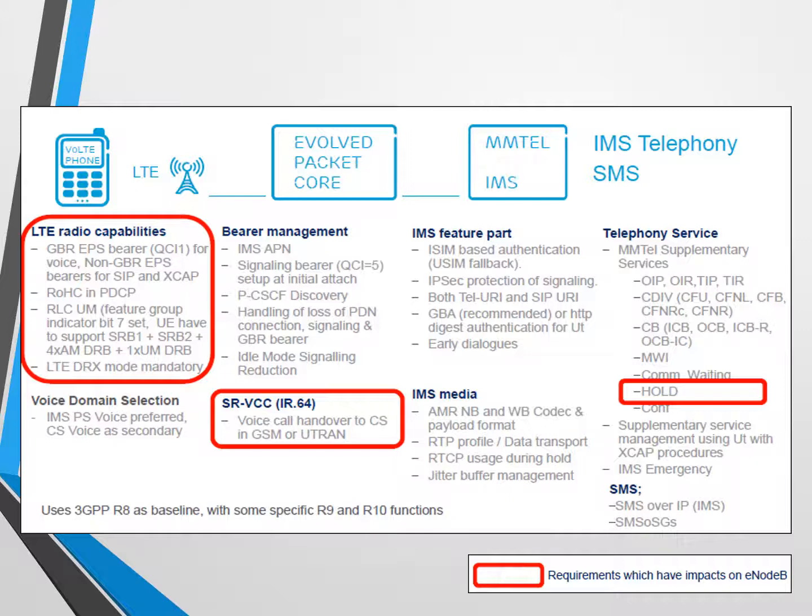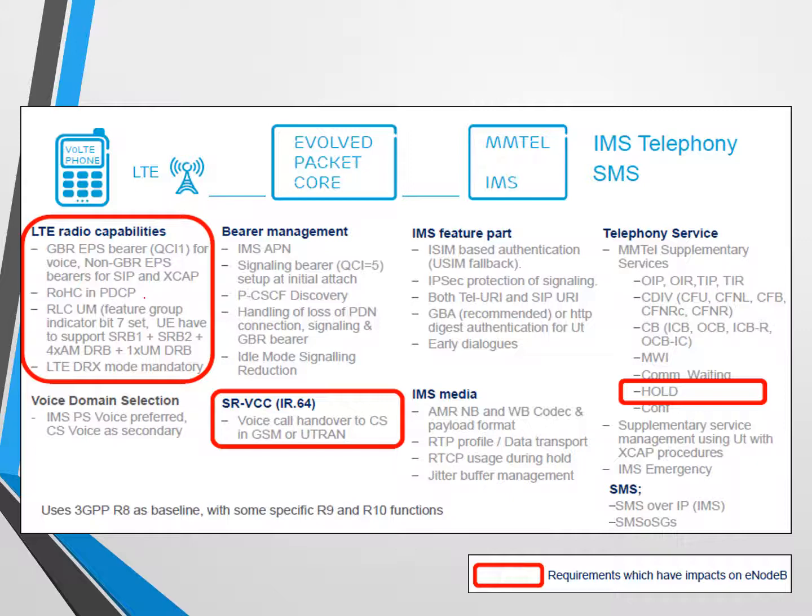So now talking about the standard requirements, we have radio capabilities which must be there, that is GBR EPS bearer QCI 1 for voice and non-GBR. We have robust header compression in PDCP. We should have RLC acknowledged mode, unacknowledged mode, and LTE DRX mode mandatory.